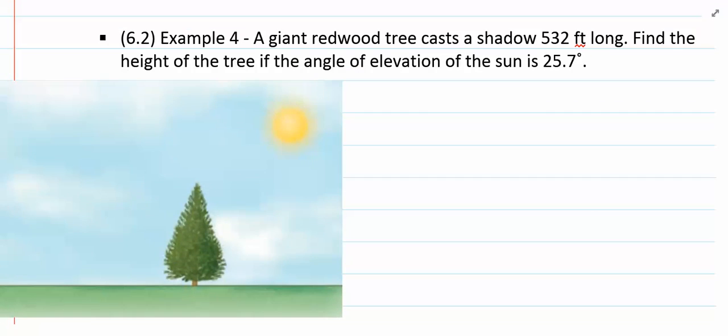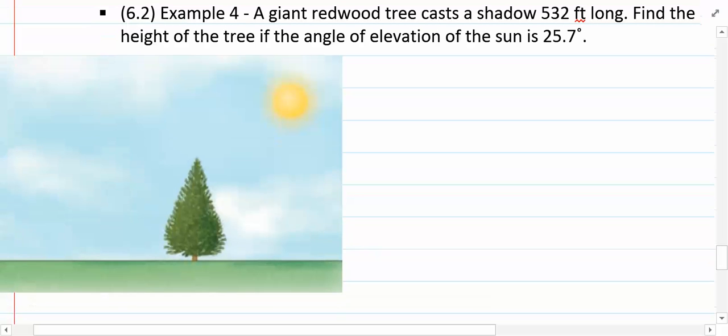We're going to finish out this video with two more real world examples. In this example number 4, a giant redwood tree casts a shadow that's 532 feet long. So we have a shadow that's along the ground here at 532 feet. Find the height of the tree if the angle of elevation of the sun is 25.7 degrees.